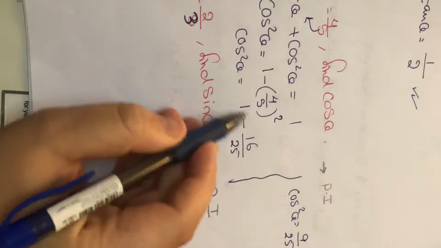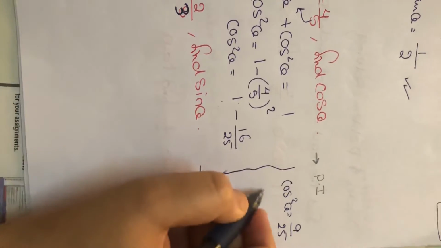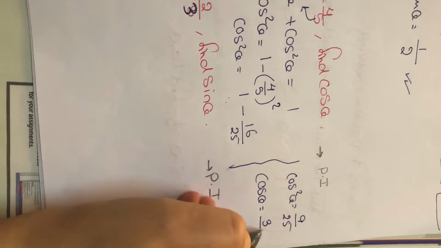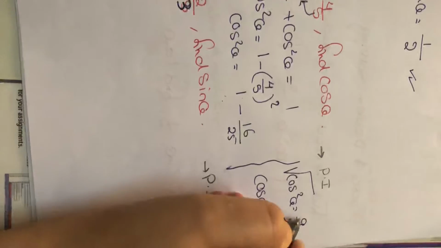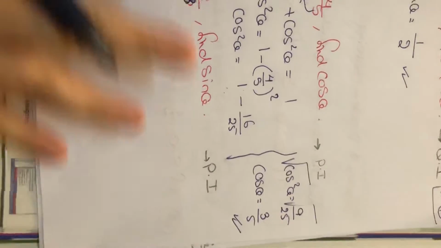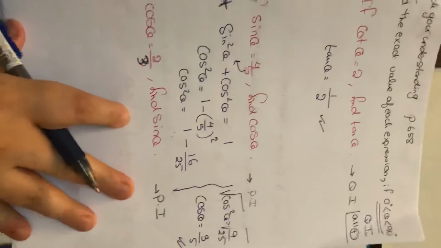I can use 1 as 25 over 25. And then cosine theta will equal 3 over 5, taking the root of both sides. I will not change its sign because we're still in quadrant 1 and everybody is positive.